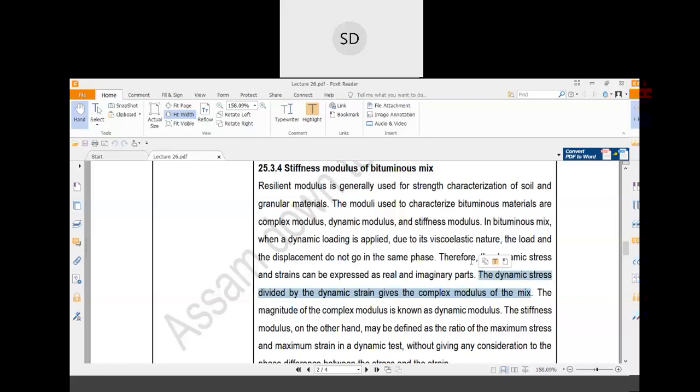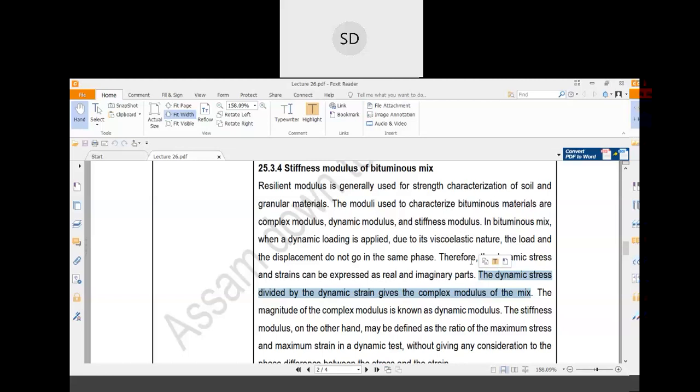And you get the dynamic strain from the displacement values. Strain is the change in length divided by the original length, that is, the change of the length based on the loading condition. So basically, that is the strain.